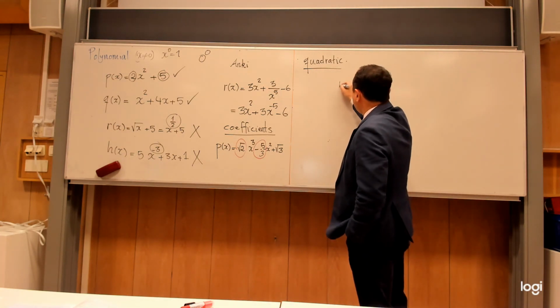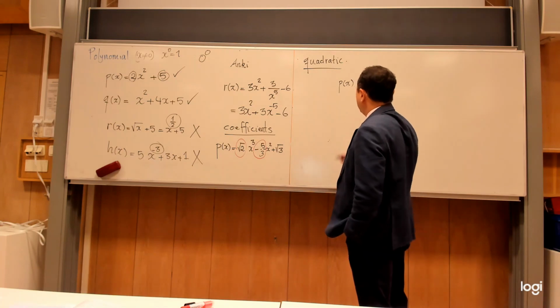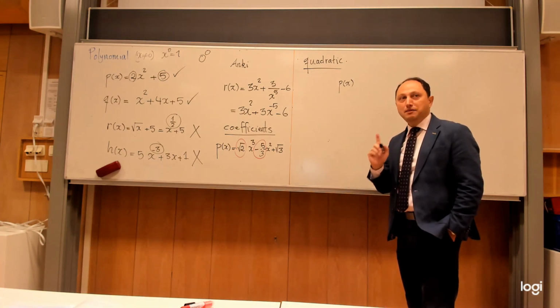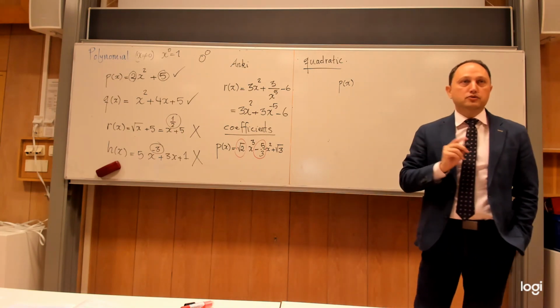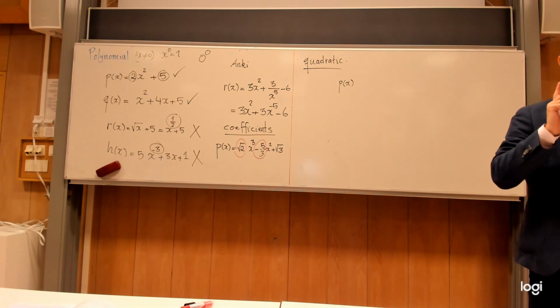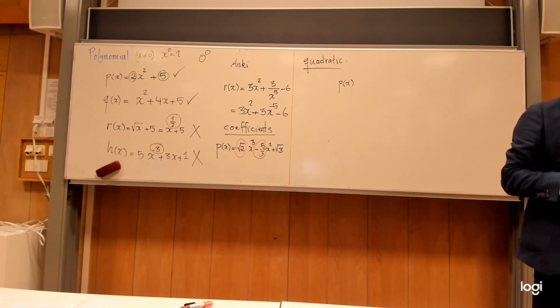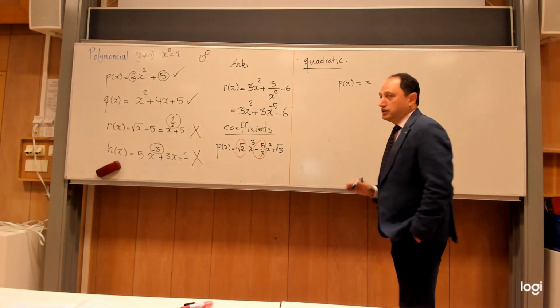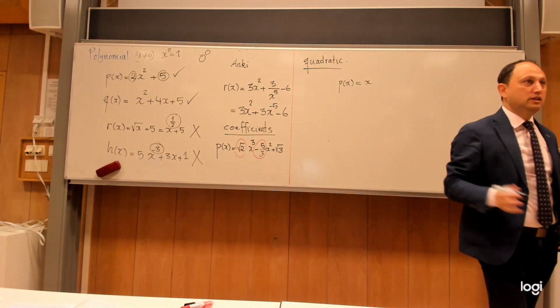If I ask you to give me an example of a polynomial of degree 1, what is the simplest possible example that comes to mind? X itself. P of x is equal to x itself, so this is the simplest possible first degree polynomial ever that you can write.